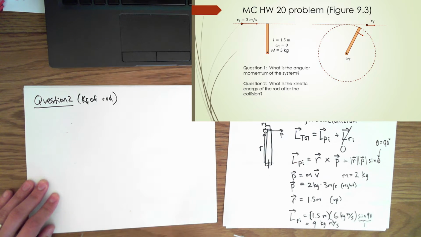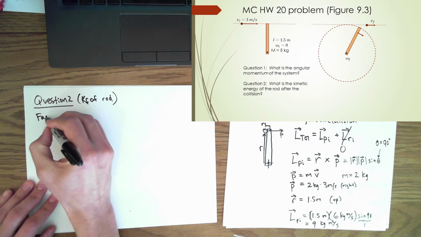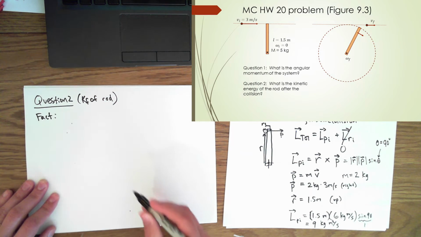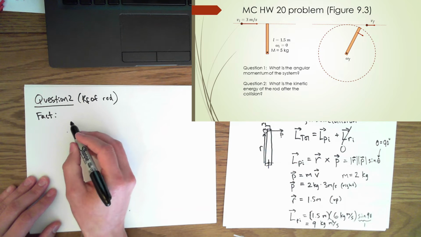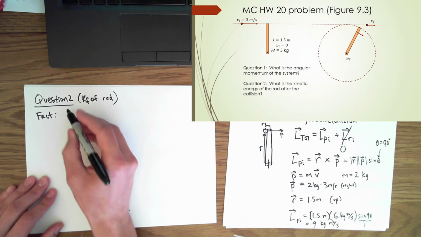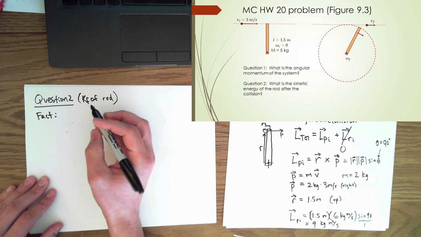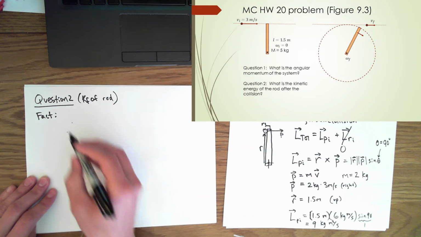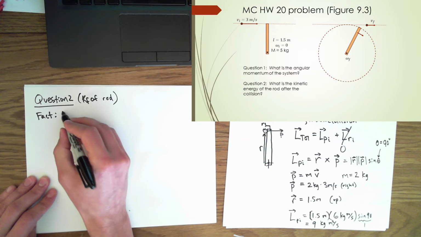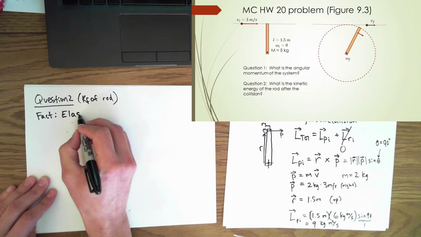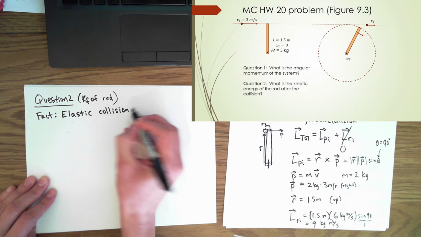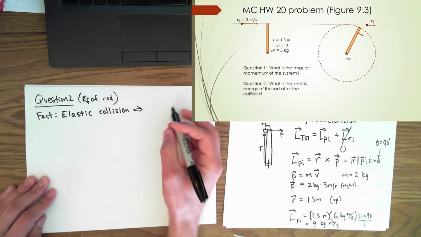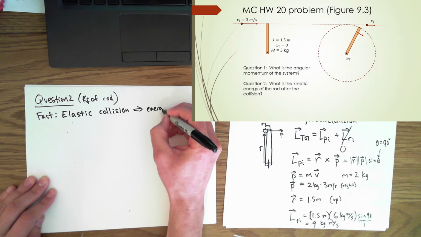A fact that was initially not listed in the problem, and I corrected that, is that this is an elastic collision. It was implied in the book, but it wasn't explicitly stated. But this is a fact of this problem, that it's an elastic collision, and that means that energy is conserved.